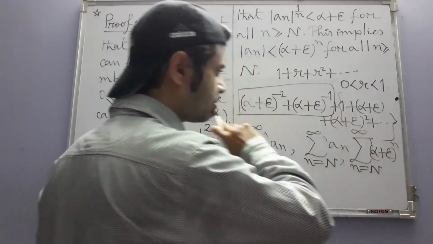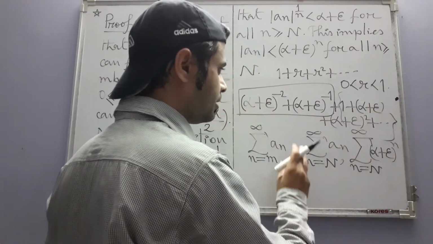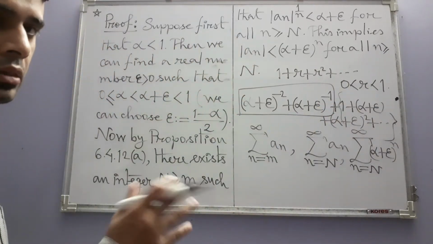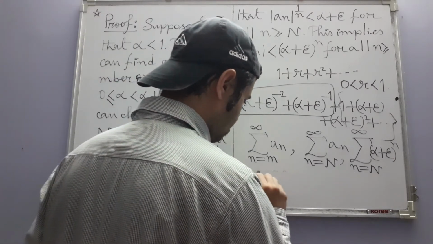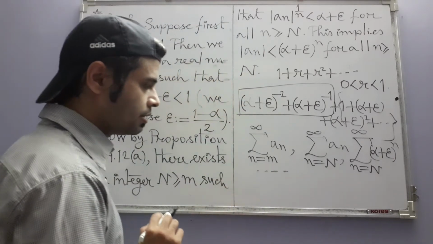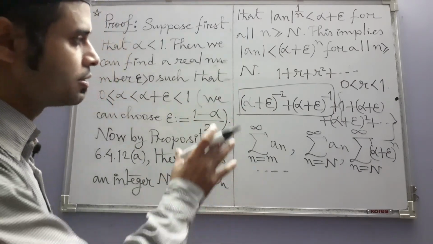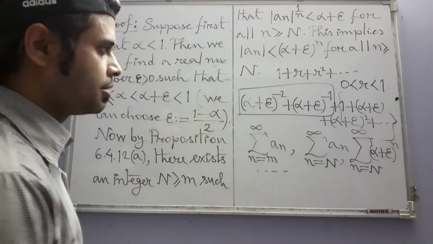You still get a convergent series. That means that a total series is convergent if and only if the tail end is convergent. One such thing is there. If you go back to the basic properties of infinite series, there you will see that the proposition or theorem, whatever it is, has a number of parts. One of those parts has this thing.